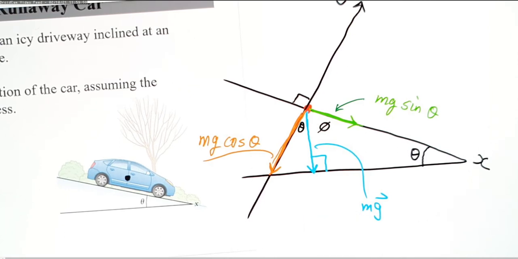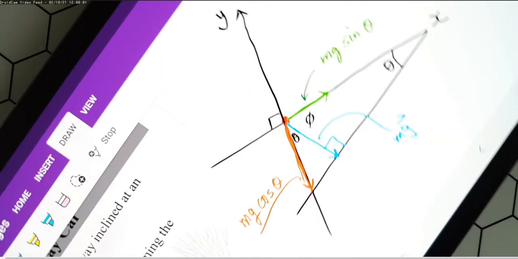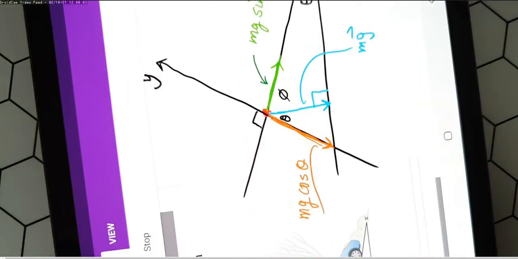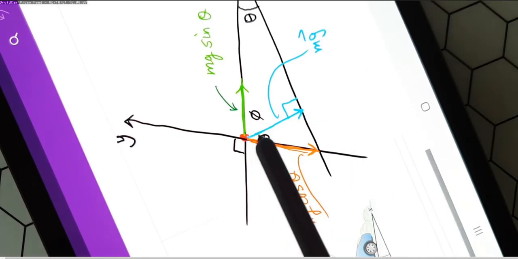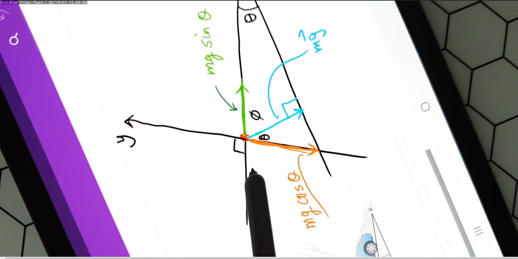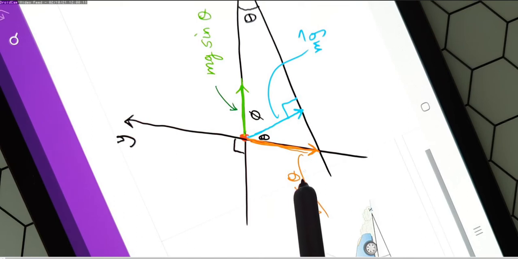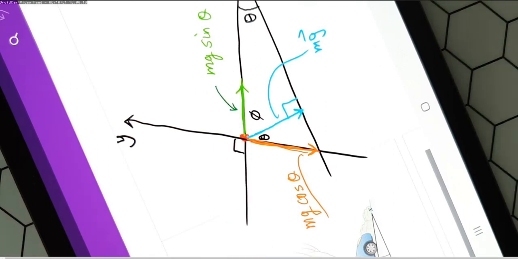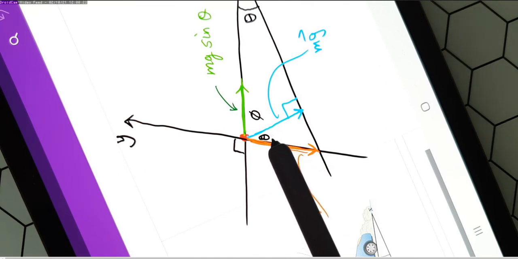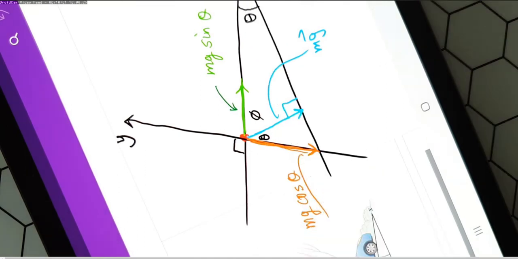Okay. Now, we do it like this so you can see it easily. If this is mg, what is the orange component? The orange component is mg cosine theta. And what's the green component? It's mg sine theta. What is theta? This is theta and also this is theta.